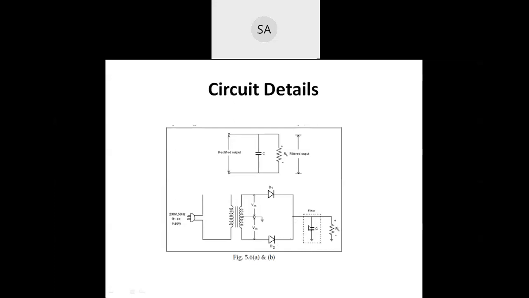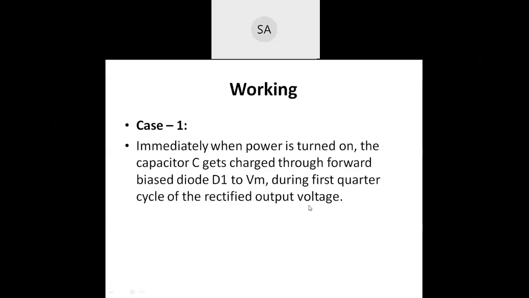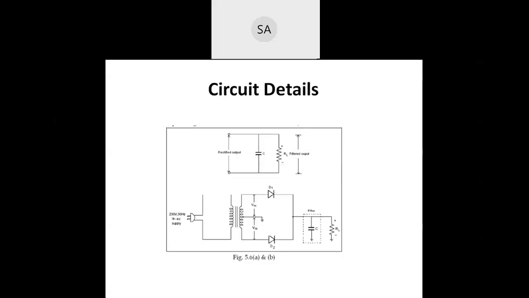The value of this capacitor should be very large, in the order of tens of microfarads. The type of capacitor we are using is mostly the electrolytic capacitor, which is polarized and generally used in filters.